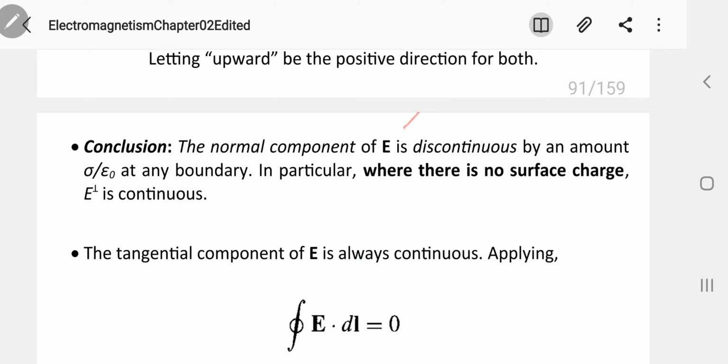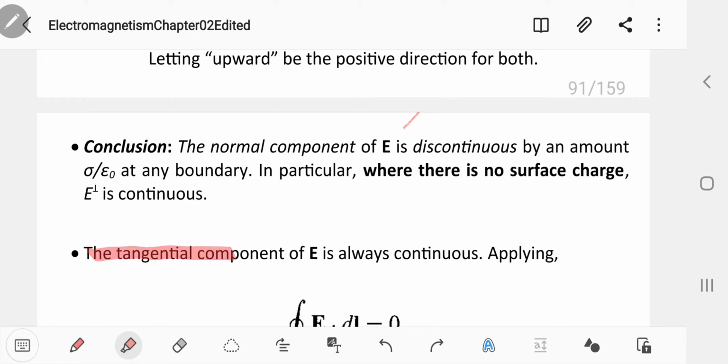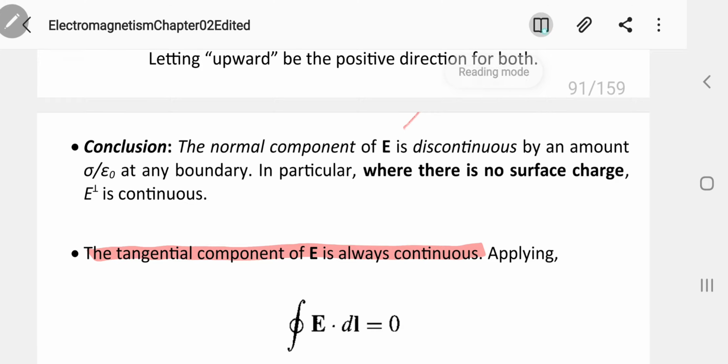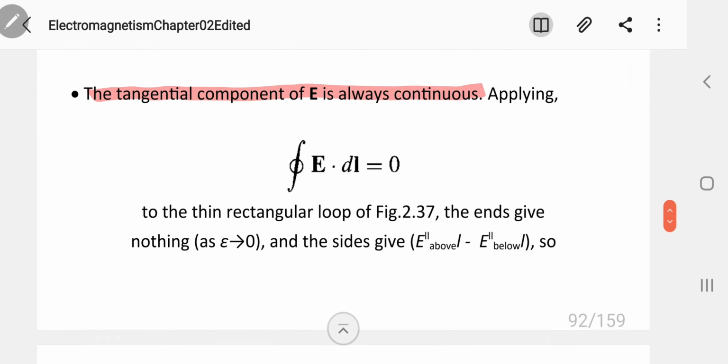The tangential component of E is always continuous. We talked about the perpendicular. Now the tangential component of E is always continuous. So why is that?